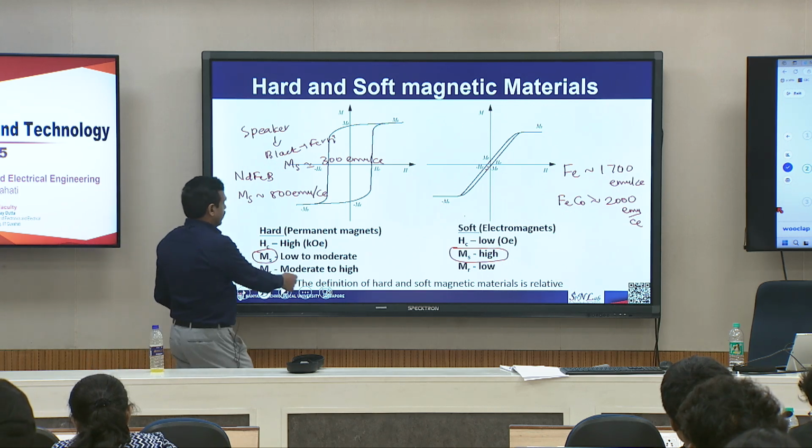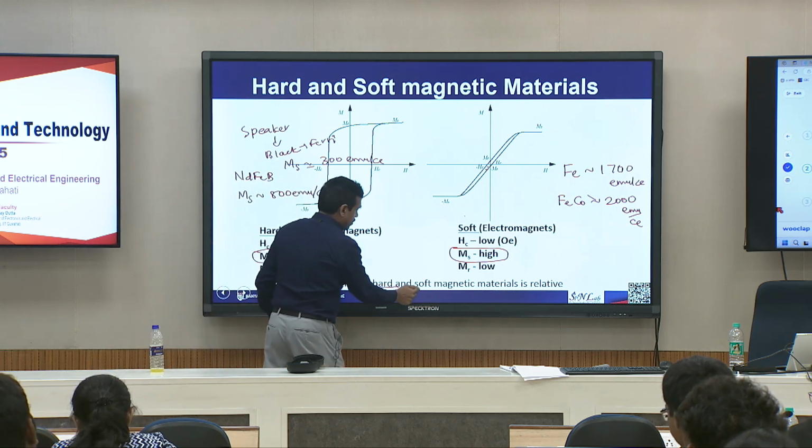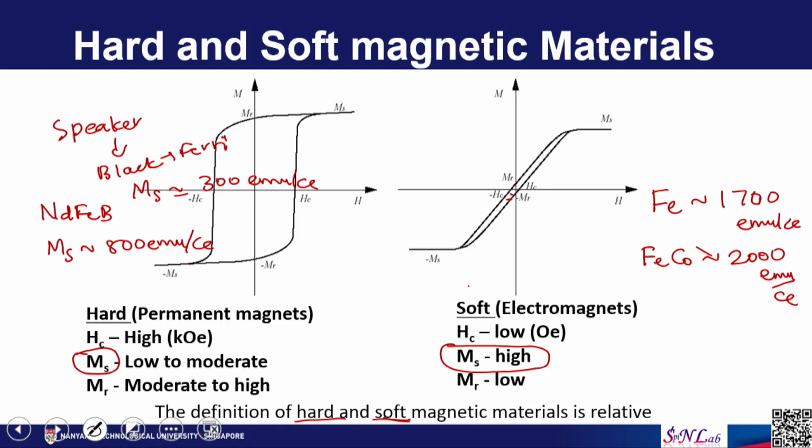The definition of hard or soft is also relative. There is no boundary line that beyond this is soft, beyond this is hard. Nothing like that. We are talking about relatively hard, relatively soft.